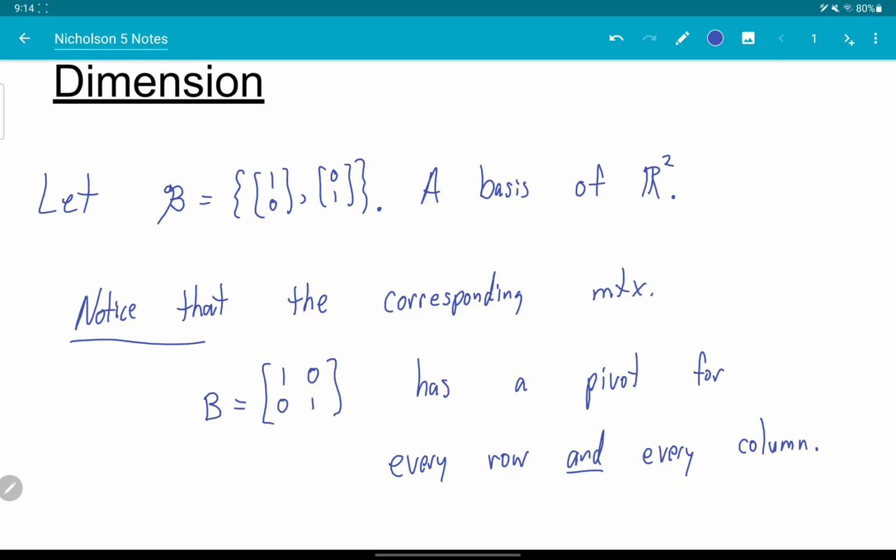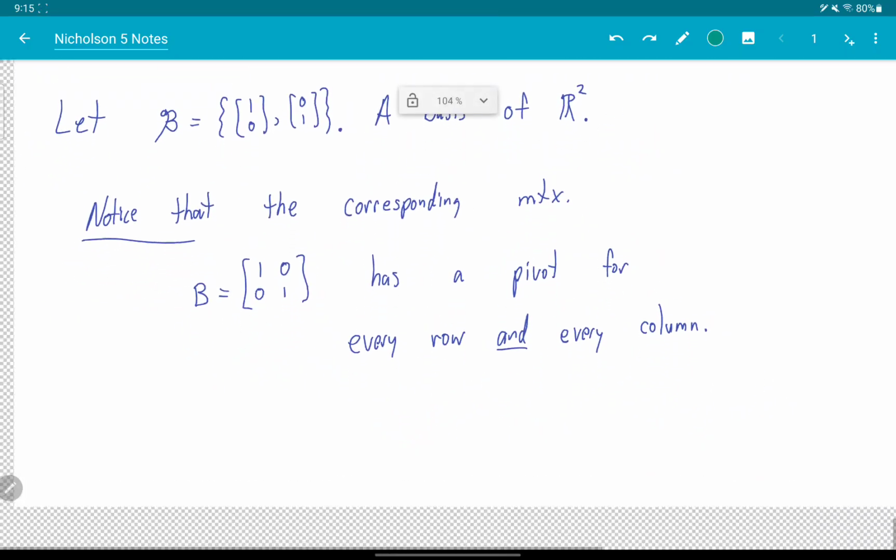Okay, that is not a coincidence. The pivot for every column indicates to us that the set B is linearly independent. So let's write that down.